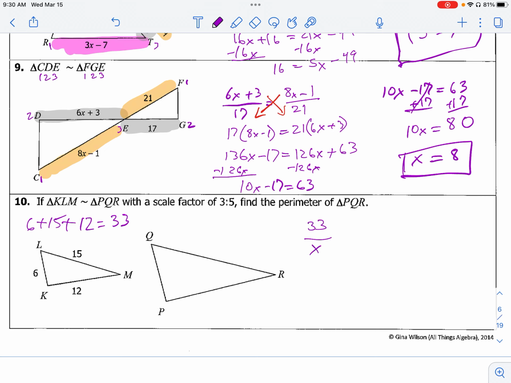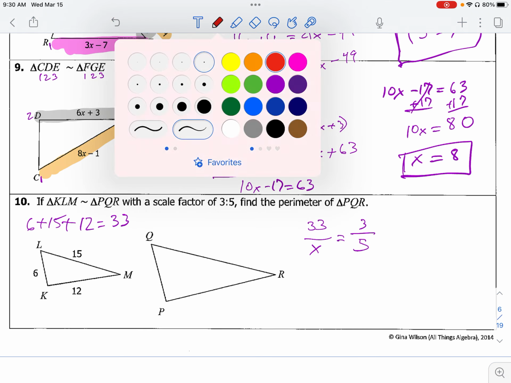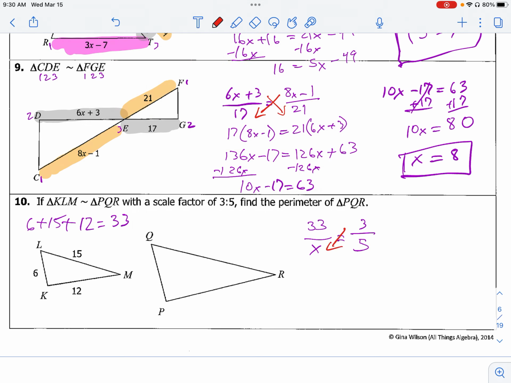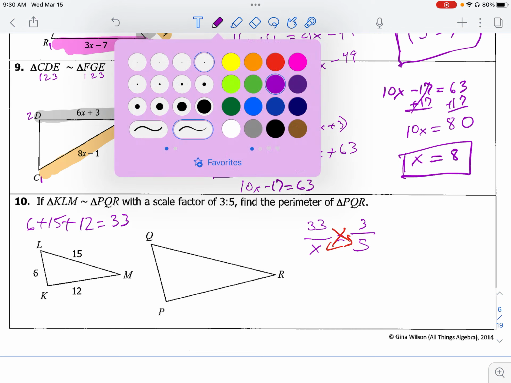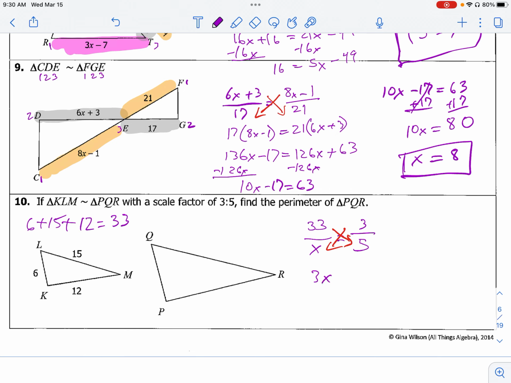We don't know the perimeter of PQR, but we do know our scale factor is 3/5. So what are we going to do? We're going to cross multiply. So 3x equals 165. Divide both sides by 3, and I get x equals 55, just like you did.